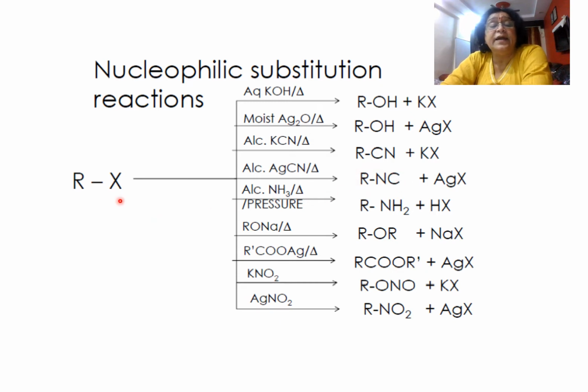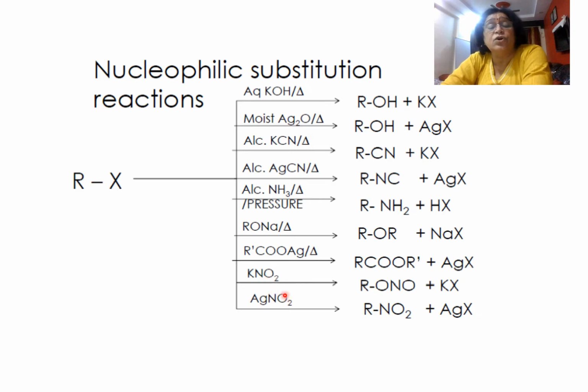Clear? Then alkyl halide when reacted with ammonia forms amine. When reacted with sodium alkoxide, heated, forms ether. This reaction is called Williamson synthesis. Then when reacted with silver salt of carboxylic acid, you get ester plus silver halide. When reacted with KNO2, it forms alkyl nitrite. But when reacted with silver nitrite, it forms nitroalkane.